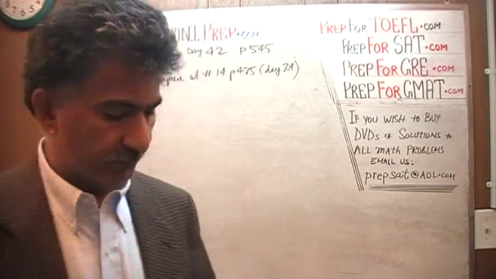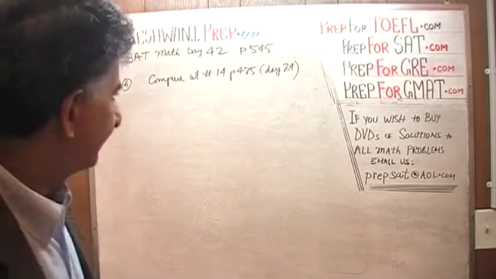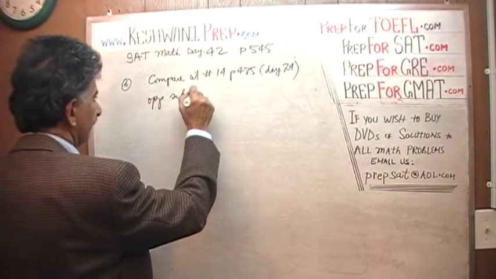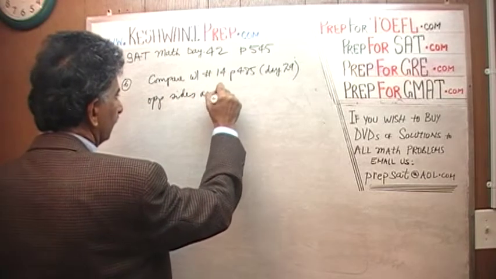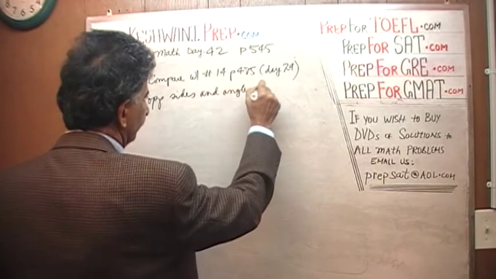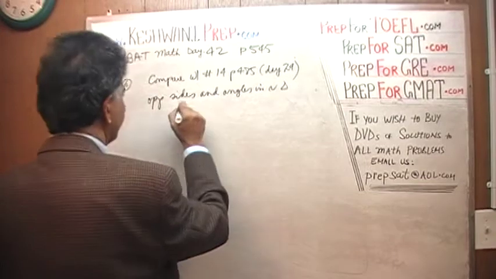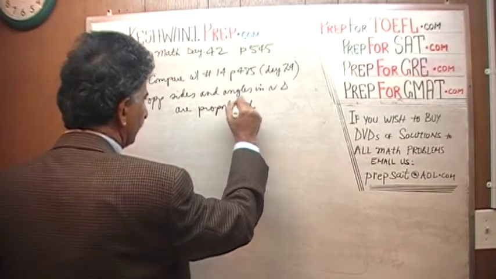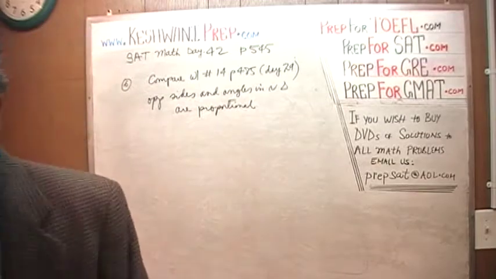The concept that they're testing here is the fact that the opposite sides and angles in a triangle are proportional. Again, I'm not going to go into too much detail.